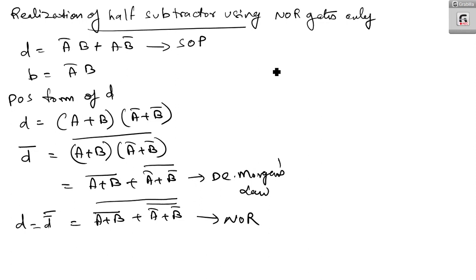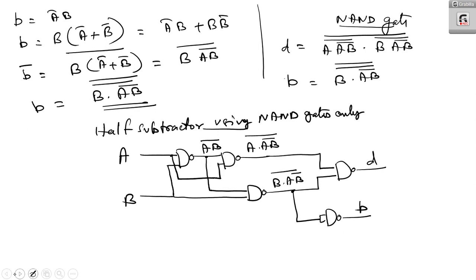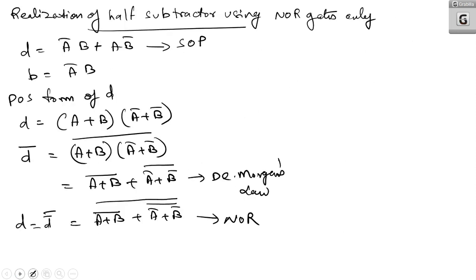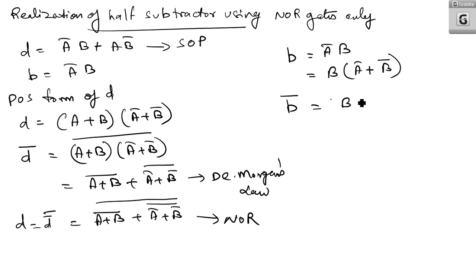Okay. Now regarding borrow. What is borrow? Borrow is A bar and B. If you write it in another form, that is B and A bar or B bar. So borrow bar I can write as B and A bar or B bar, the whole bar.